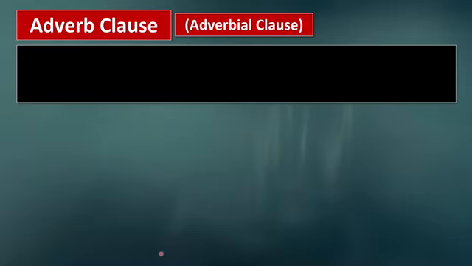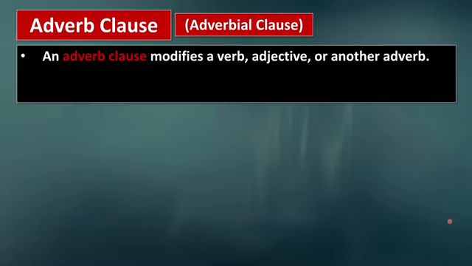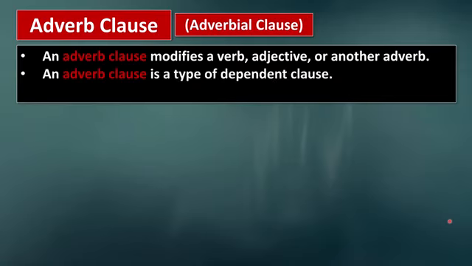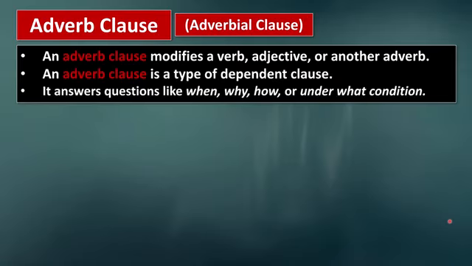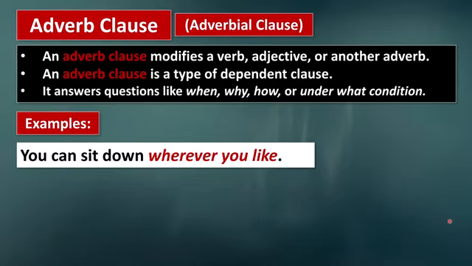Now let's move on to adverb clauses or adverbial clauses. So an adverb clause modifies a verb, adjective, or another adverb. And once again, it's a type of dependent clause, and it answers questions like when, why, how, or under what condition. For example, you can sit down wherever you like.